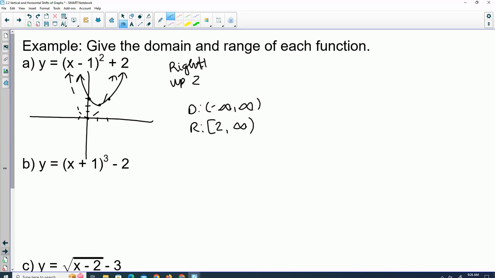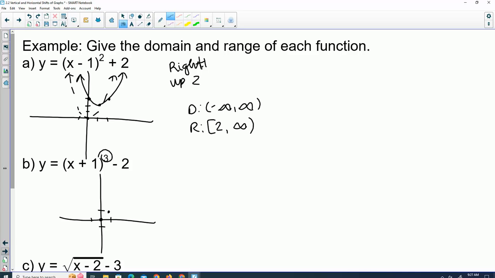B. Can anyone tell me what the domain and range are before I ever graph that one? You're half right. It will be negative infinity, positive infinity, because the chair always goes to both. Yeah. So if you were x squared, you would have been right. This one is x cubed.